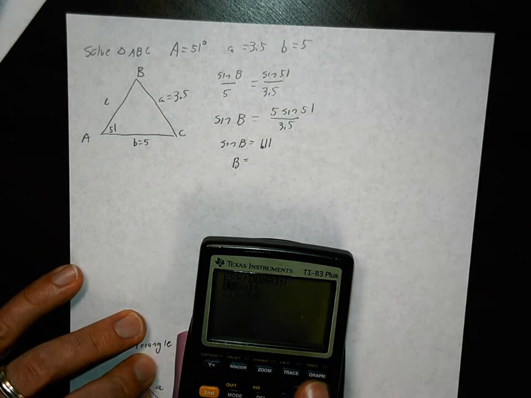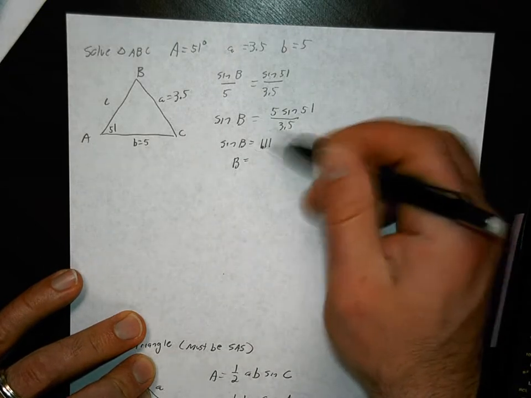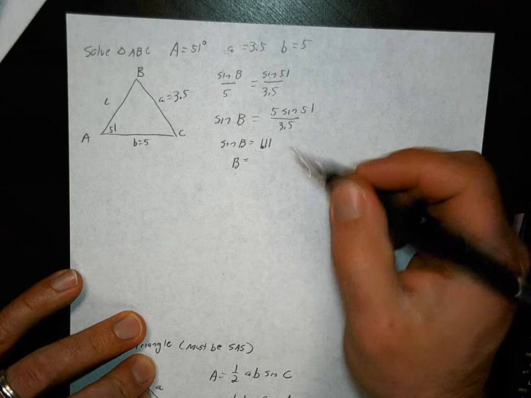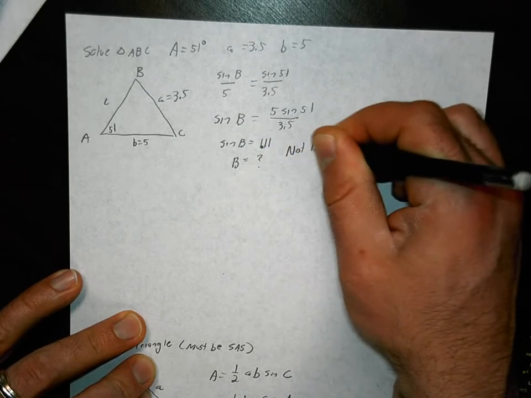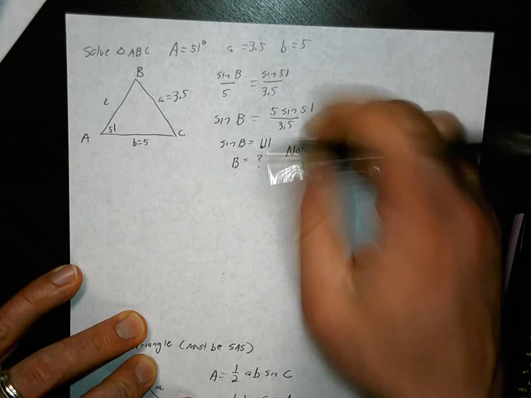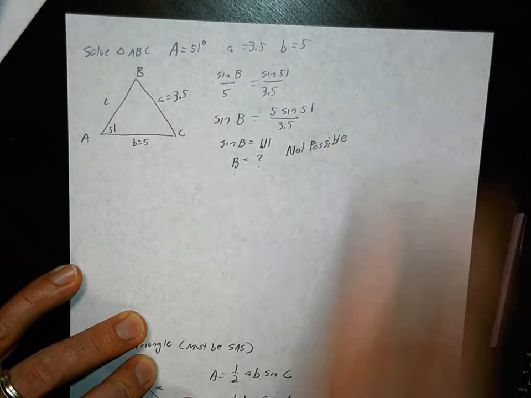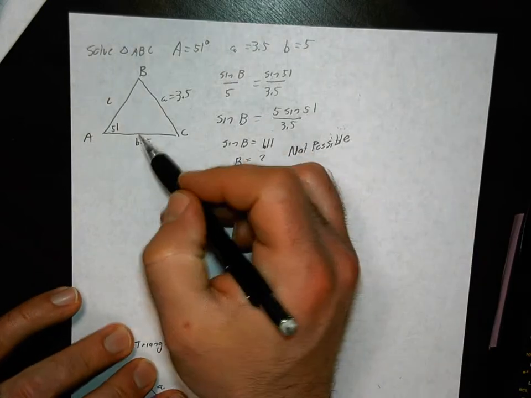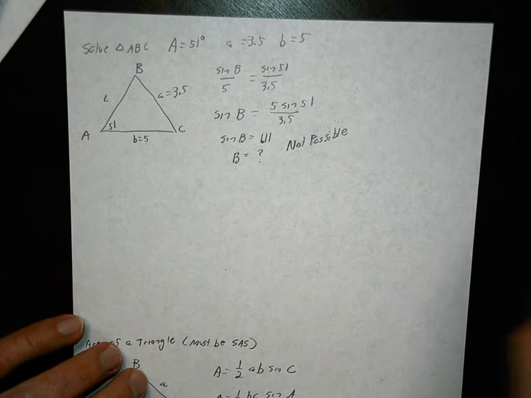So immediately if you get an error like that, guess what? And this makes sense because I can't have a sine greater than 1. Think about a unit circle. So that's not possible. So we cannot make a triangle with these given dimensions. Okay?